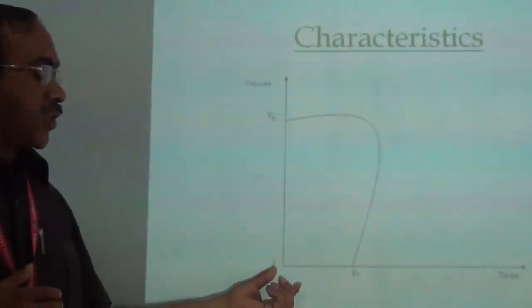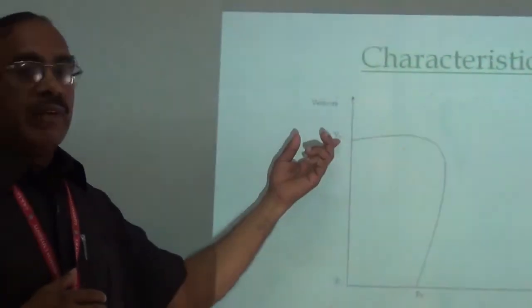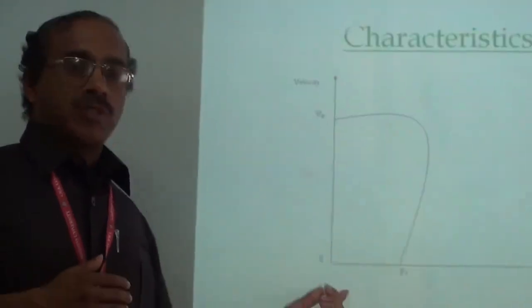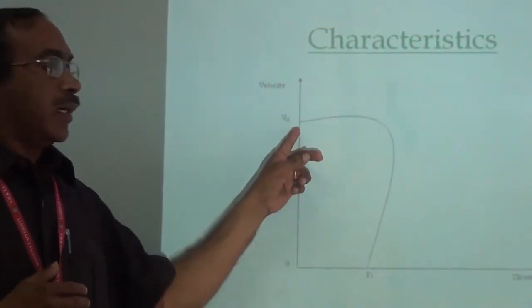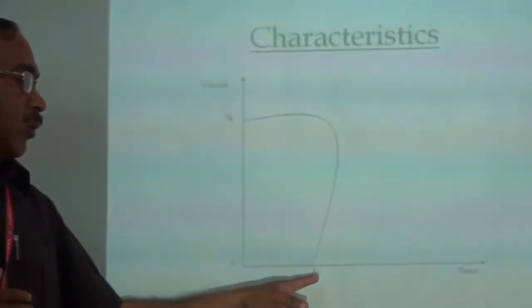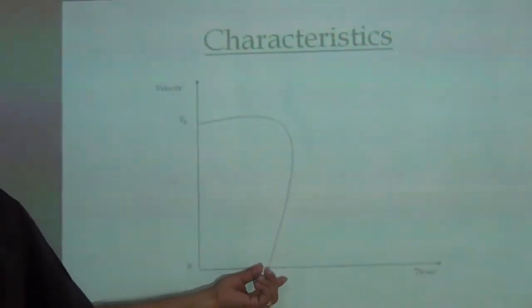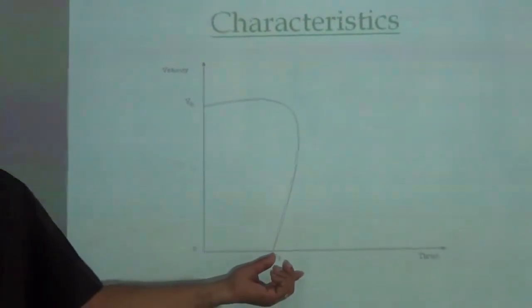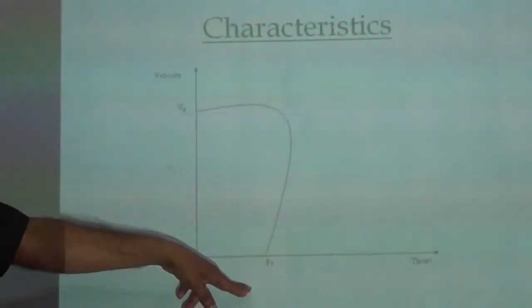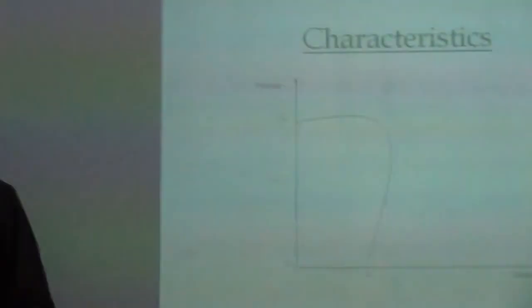When the thrust or force is 0, the velocity reaches its maximum. When you increase the force step by step, the velocity decreases considerably, and at one stage, when the force is maximum, the velocity becomes 0. In this way, the characteristics are developed for the linear induction motor.